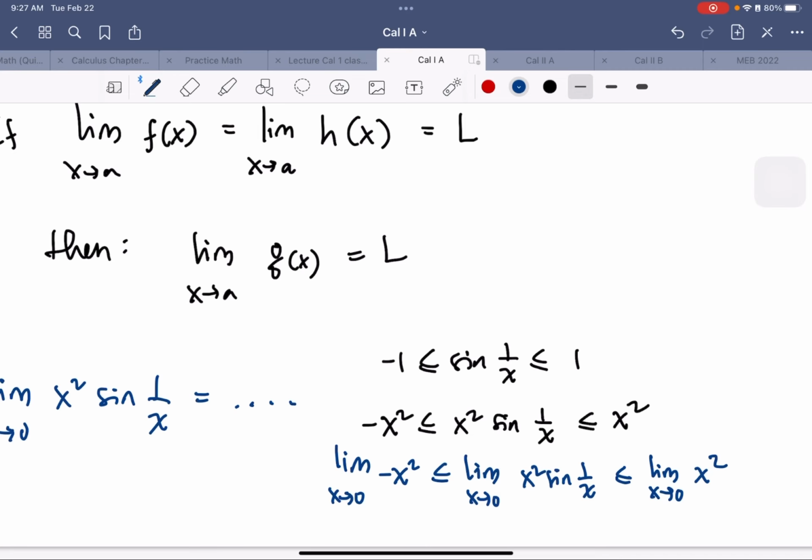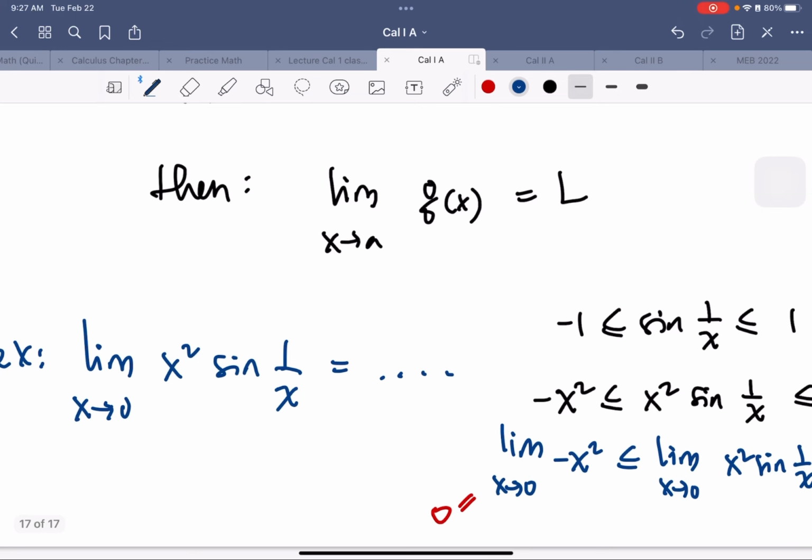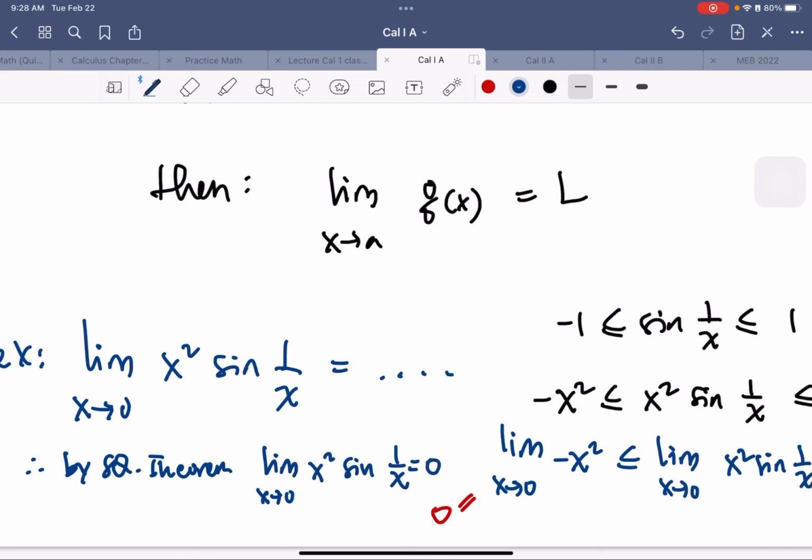Then this happens. And we know that the limit of the negative x squared is 0, right? The x squared is also 0. Then the conclusion will be that this limit, by the squeeze theorem, is 0.